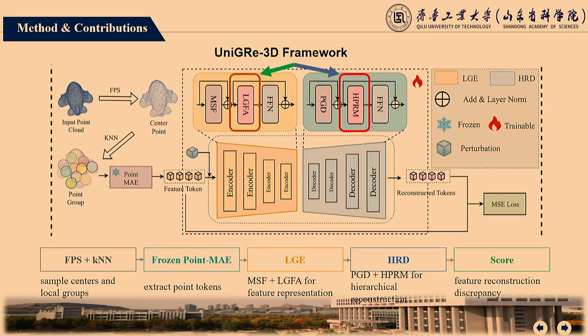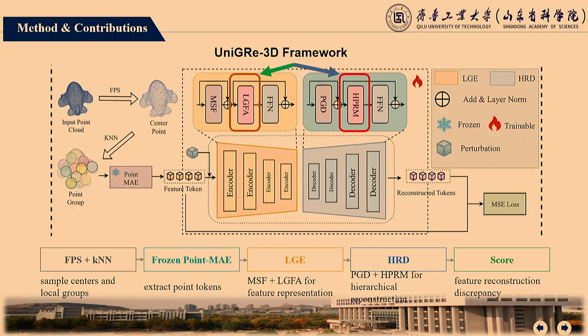In the feature encoding stage, the model uses the LJE module for local-global feature enhancement, including multi-scale feature fusion and the LGFA module. In the decoding stage, this model uses the HRD module for hierarchical reconstruction, including position guidance and the HPRM module.